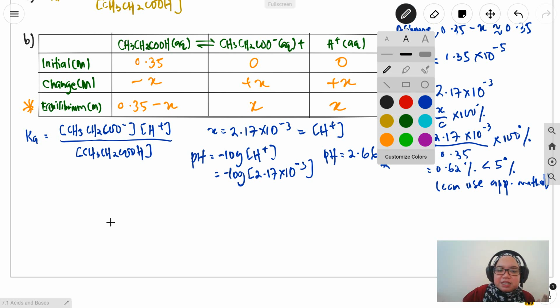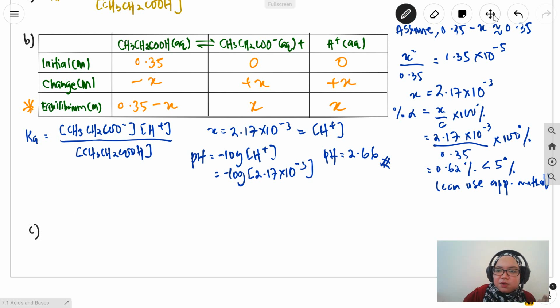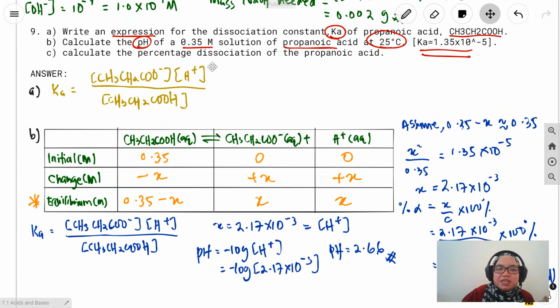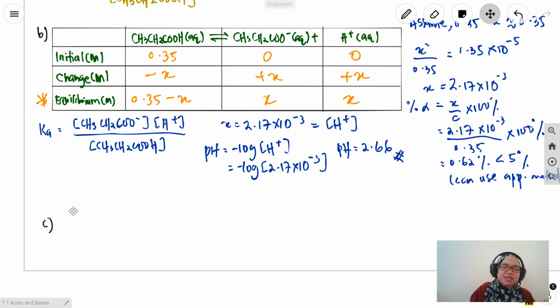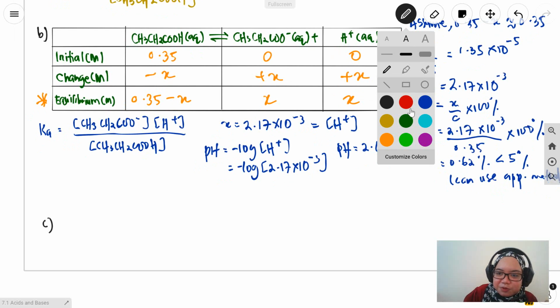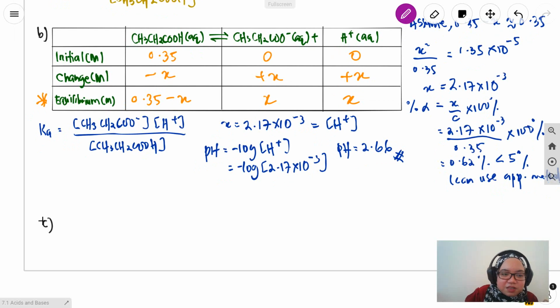So for question C, so what the question C ask? Calculate the percentage of dissociation. Actually dah cari, tapi sebabkan ini soalan C, kita cari lagi. Okay, cari lagi, tak apa. Okay, so kita tahu percentage of dissociation is equals to x over c times 100%.